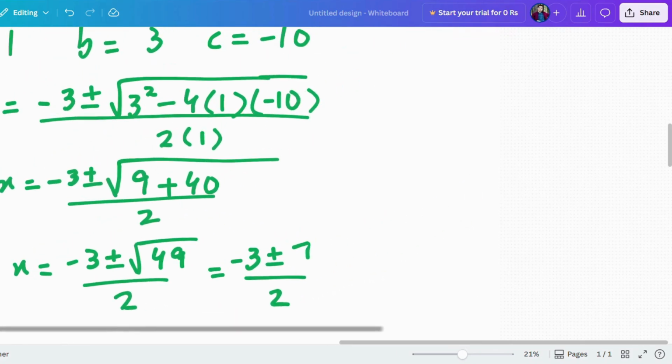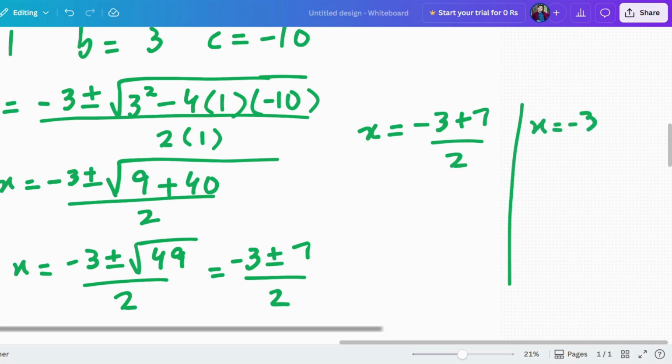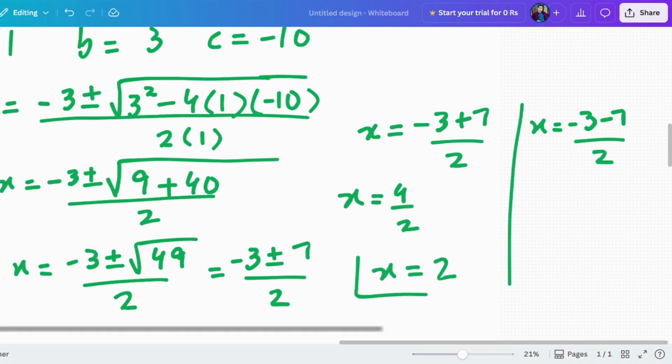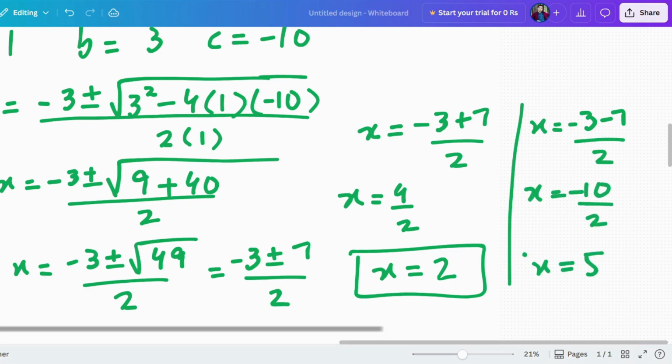Alright, so one time I will write it down as x equals minus 3 plus 7 divided by 2, and the second time I can put it as x equals minus 3 minus 7 divided by 2. So this time I will get it as 4 over 2. So x is equivalent to 2 this time, and for the second value I will get negative 10 over 2. So x equals negative 5.